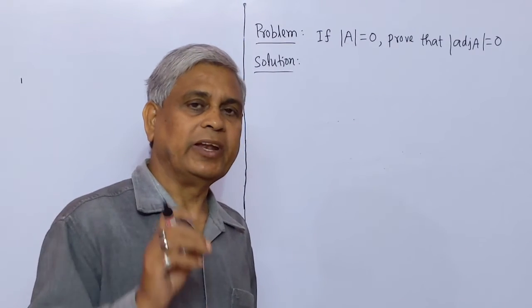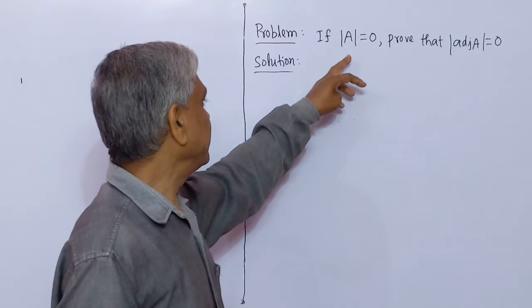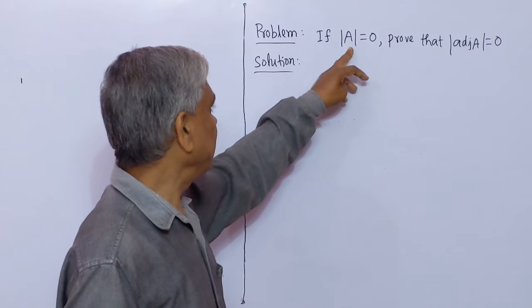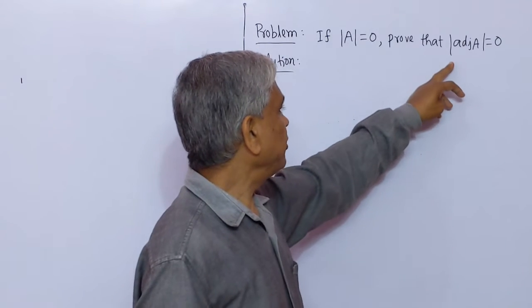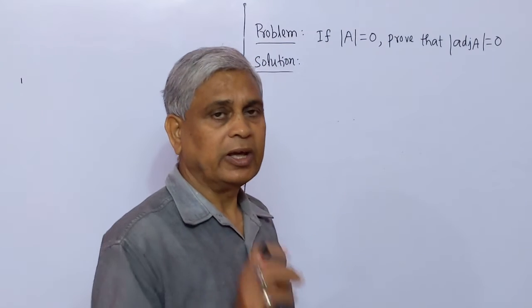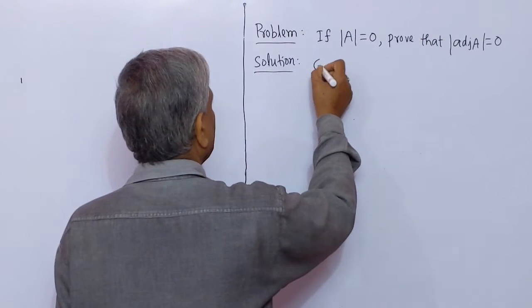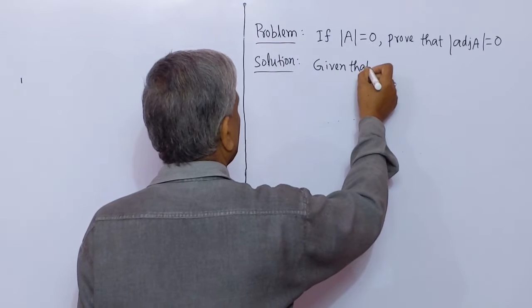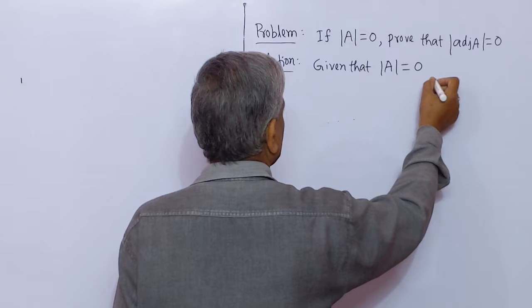Now we prove the next problem. The next problem is: if determinant of matrix A equal to 0, then prove that determinant of adjoint A equal to 0. Now we prove this. Given that determinant of A equal to 0, this is number 1.